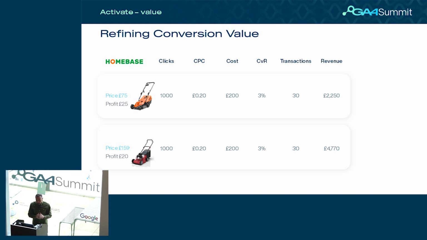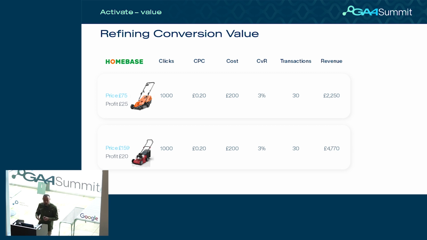So revaluing a transaction now, for example. Back to home base, we've got a couple of lawnmowers. One's petrol, one's electric. The petrol one's more expensive, the one at the bottom. All other things being equal, apart from the value, you can see there that the petrol is much more valuable than the electric one. But actually, the electric one could be the own brand.